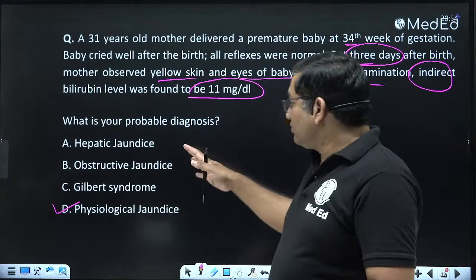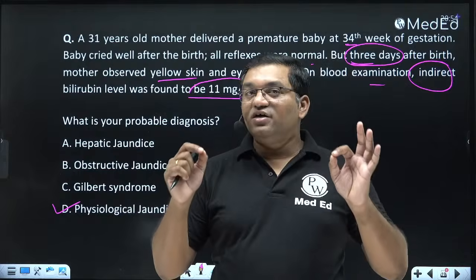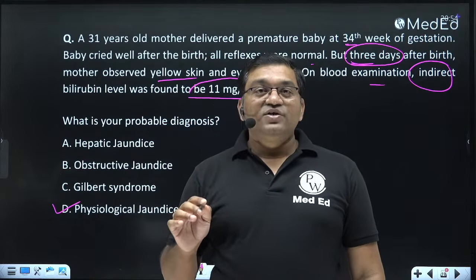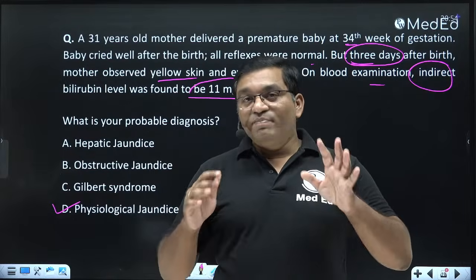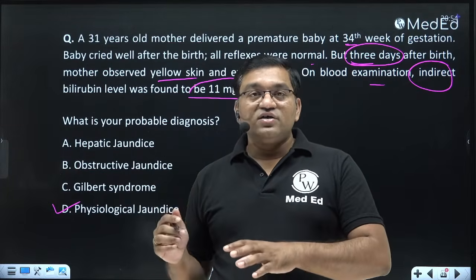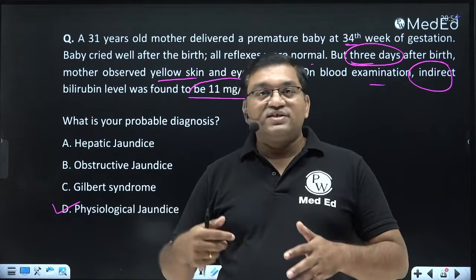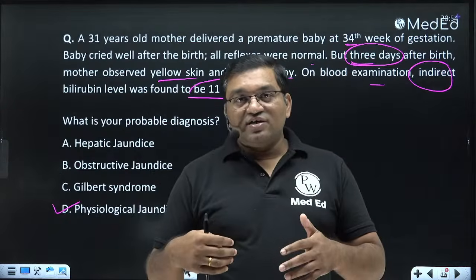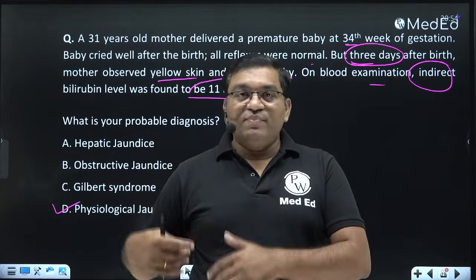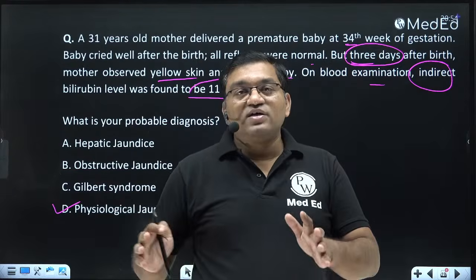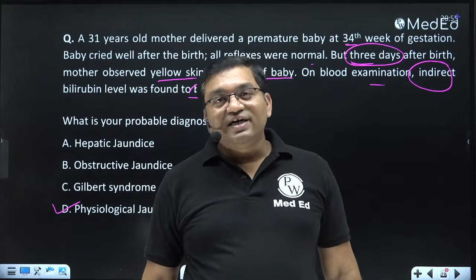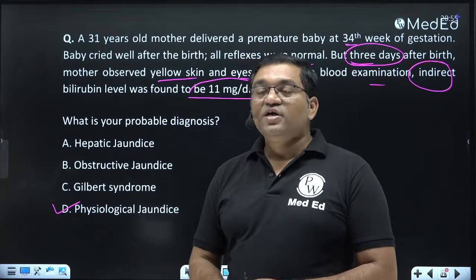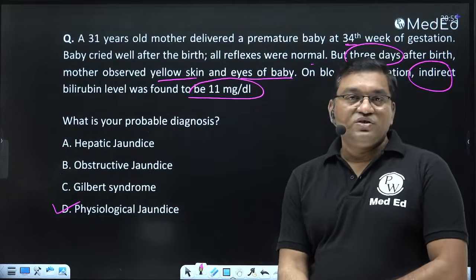So this is neonatal physiological jaundice because of immature liver to conjugate the bilirubin, and because of rapid hemolysis after the birth, increased breakdown of heme is there, and immature hepatic capacity to conjugate that bilirubin, the bilirubin level increases, and that is indirect bilirubin, that is unconjugated bilirubin, known as neonatal physiological jaundice.